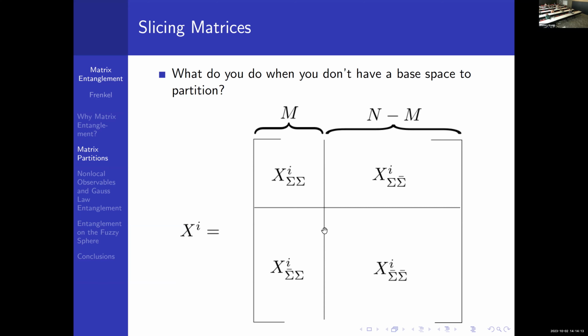Sorry, maybe I can clear things up. I think I've accidentally slipped into the wrong language. I should say tracing out these degrees of freedom. So I'm entirely thinking from a Hilbert space perspective, where if I have a reduced density matrix on the full Hilbert space, I'm always free to trace out the sigma bar factors of the Hilbert space.